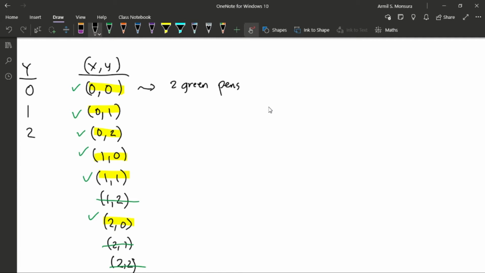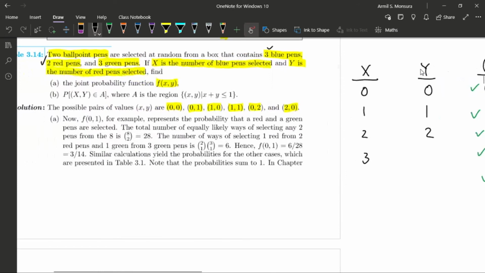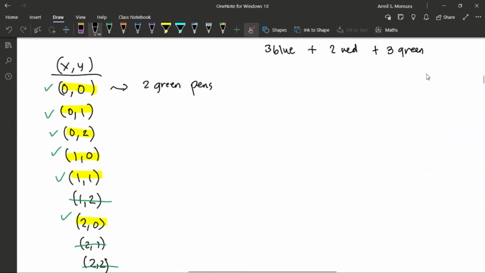Okay. So here we will have to identify the number of ways that we have to choose two pens out of 8, because we have 3 blue pens plus we have 2 red pens and then we have 3 green pens. Right? 3 blue, 2 red, 3 green. So all in all, you have 8 pens.